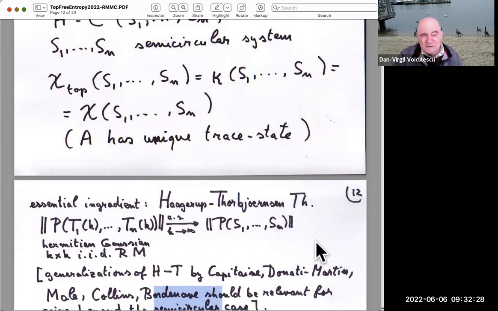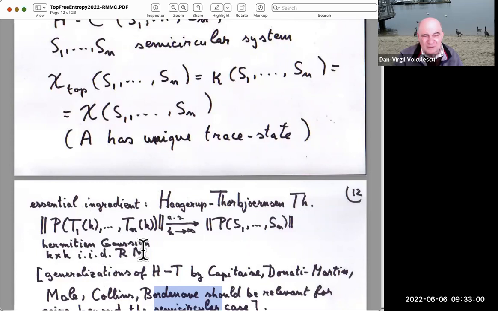What they proved is this: you take such a non-commutative polynomial, and then you take an n-tuple of self-adjoint, Hermitian Gaussian matrices with everything Gaussian in it. Then you have almost surely that the norms of the polynomials converge to the norm of the polynomial in the semicircular system.